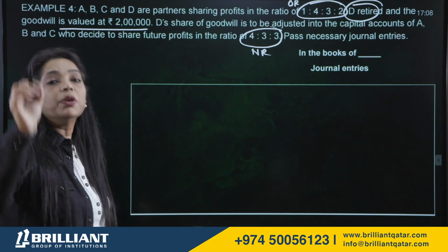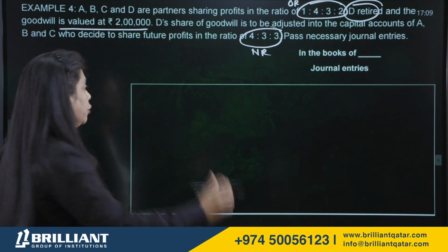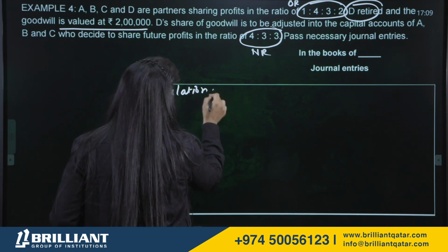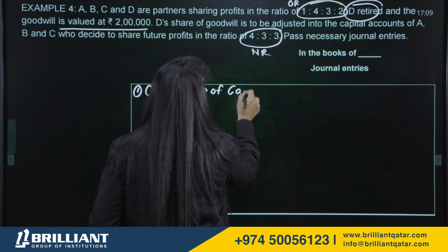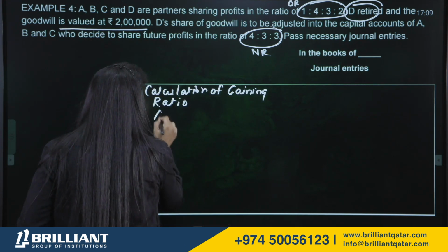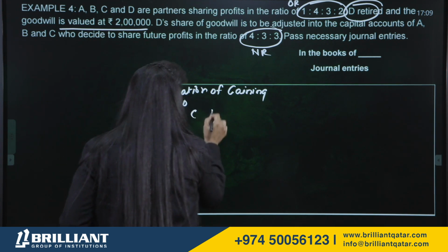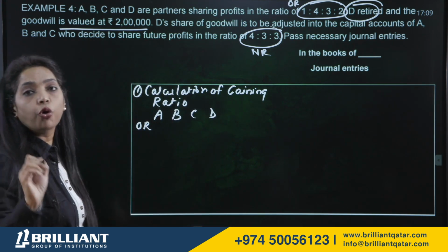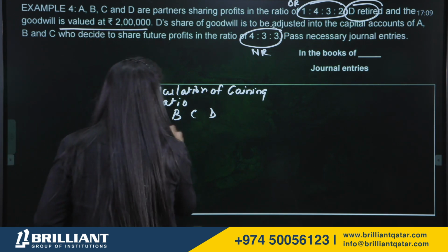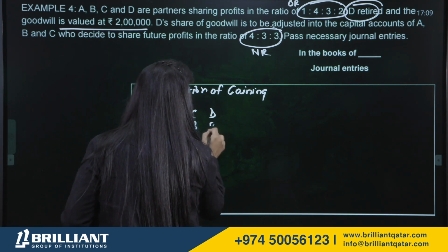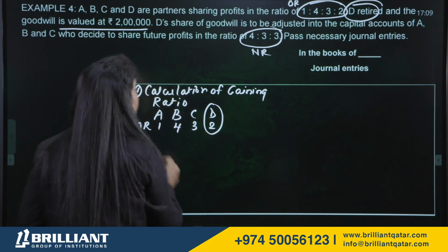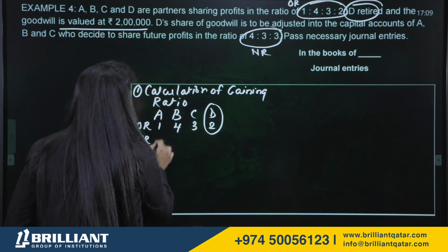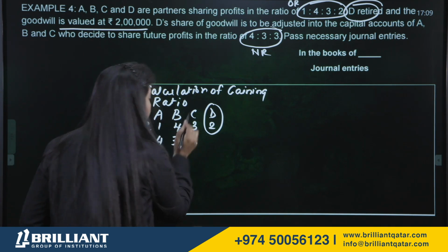So the first step is you calculate the gaining ratio. You have 4 partners A, B, C and D. The old ratio that you have is 1:4:3:2 where D retires, and the new ratio that is given is 4:3:3.